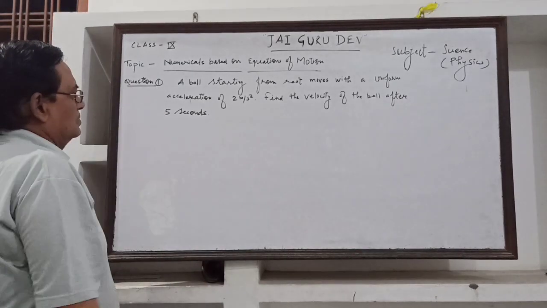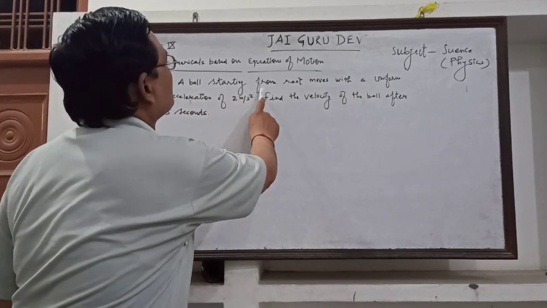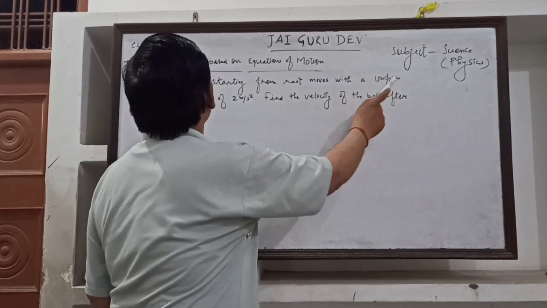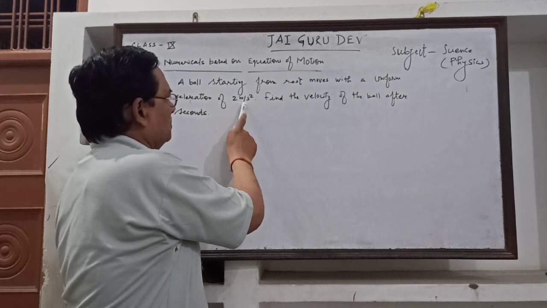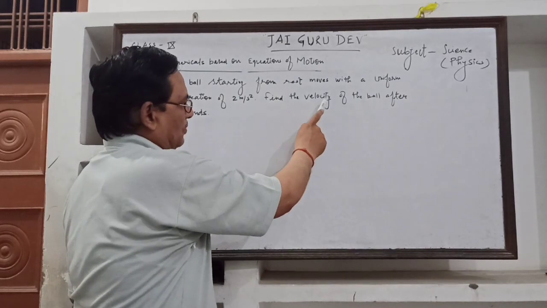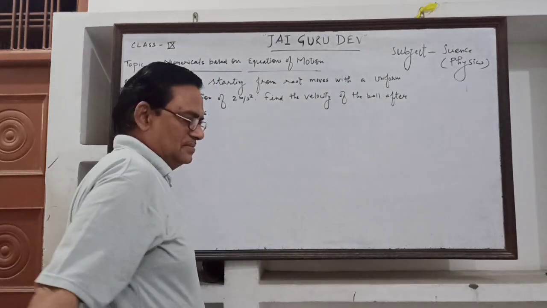Question first. A ball starting from rest moves with a uniform acceleration of 2 meter per second square. Find the velocity of the ball after 5 seconds.